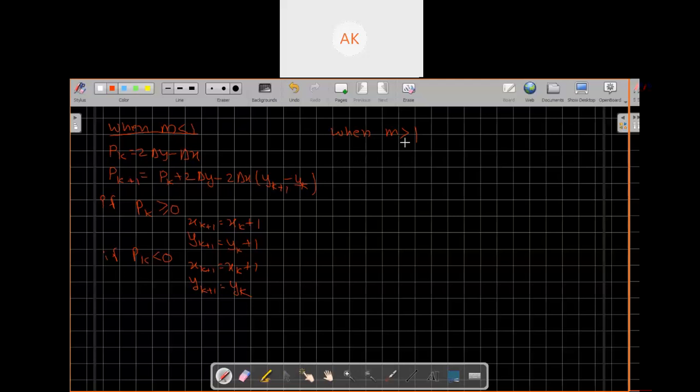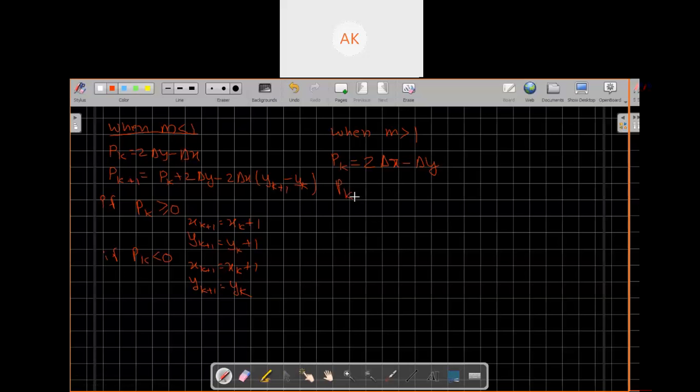Okay. So when your m is greater than 1, your pk, meaning the initial descent parameter, will be 2 delta x minus delta y. Just interchange the values of x and y.